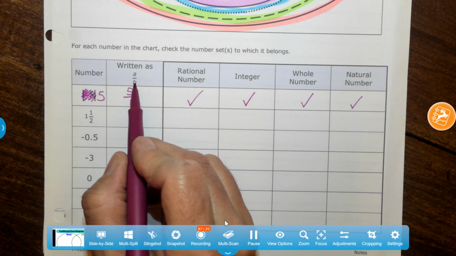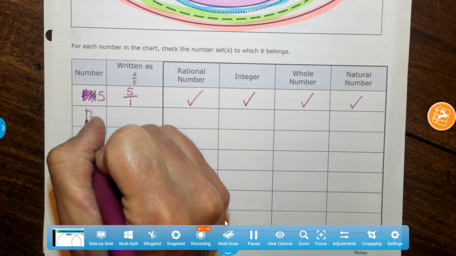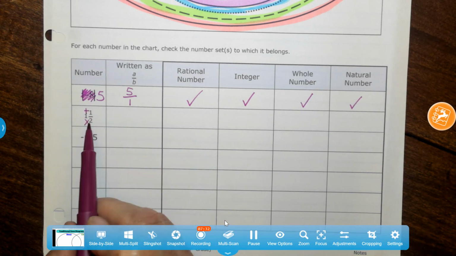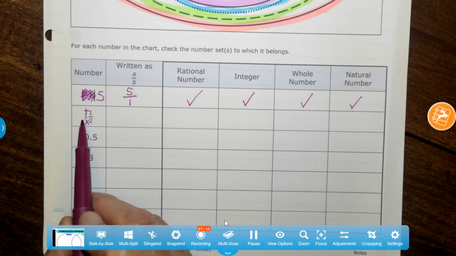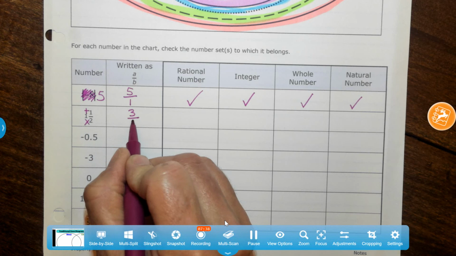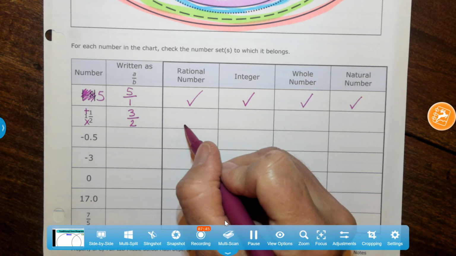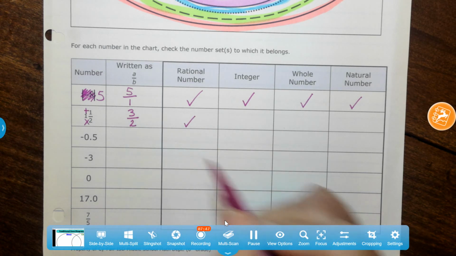Okay, 1 1/2. Let's make it have just a numerator and a denominator. The way I do that is the Texas 2-step. So I take 2 times 1, which is 2, plus 1, which is 3. And then I keep the denominator 2. So 1 1/2 is equivalent to 3/2. Is that a rational number? Yes, it's in a over b form.